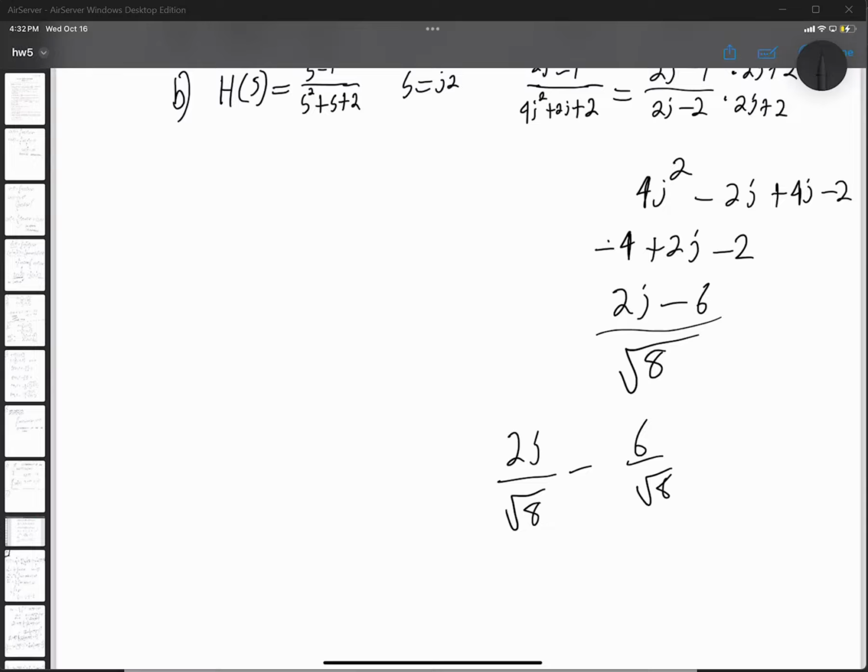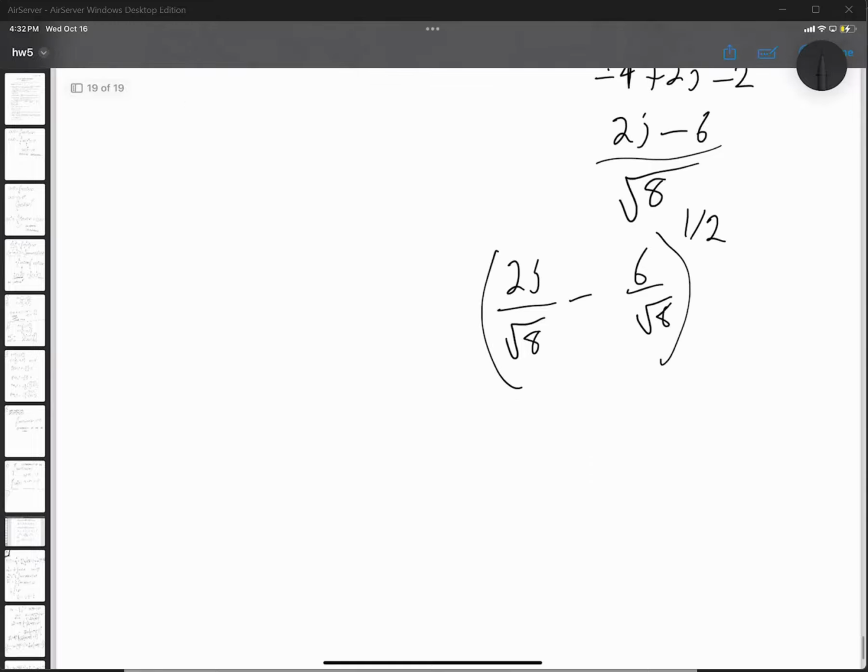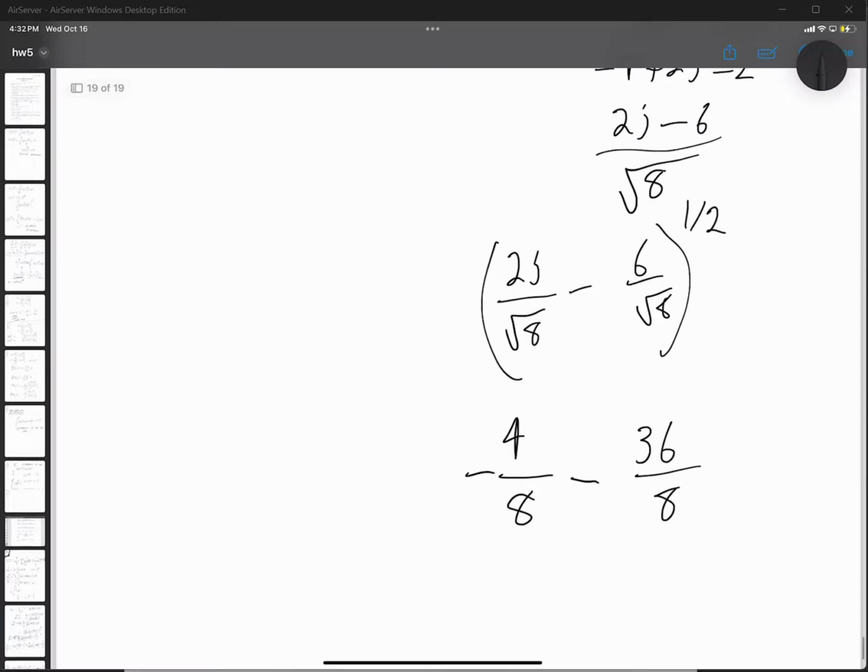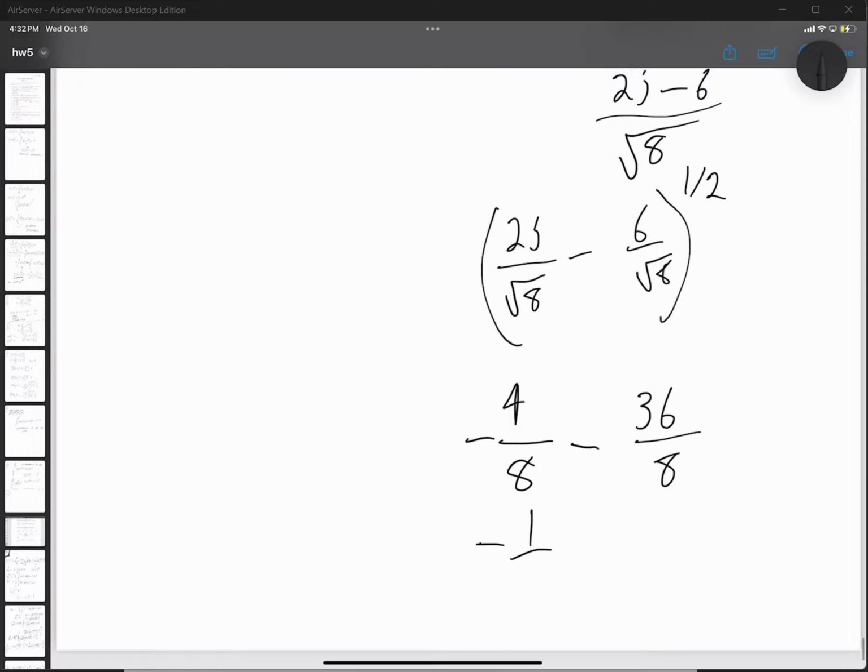And let's see. If we factor out a 1/2 out of everything, watch this maneuver. We'll get 4. This will be negative now since the j squared got squared, divided by 8, minus 36 divided by 8, which is negative 1/2, minus 18 over 4.